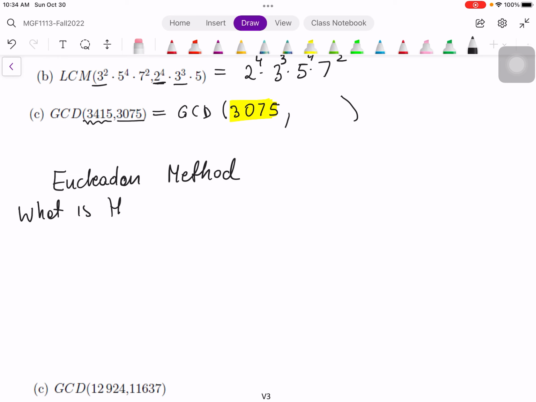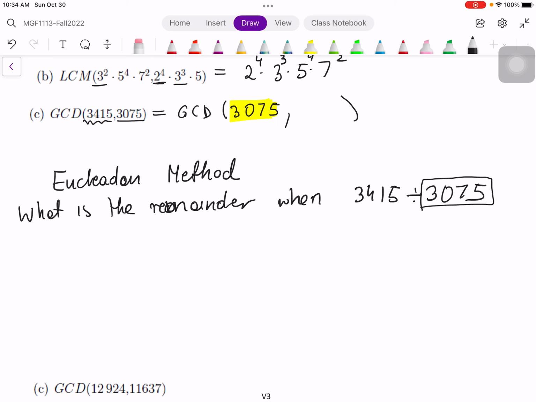What is the remainder when we divide the bigger number, 3,415, by this? To know the remainder, you have to know how many times this fits into the number, and then take away that many of those.